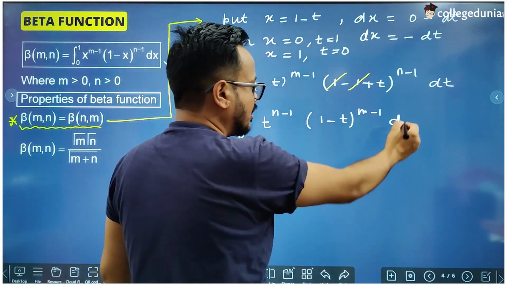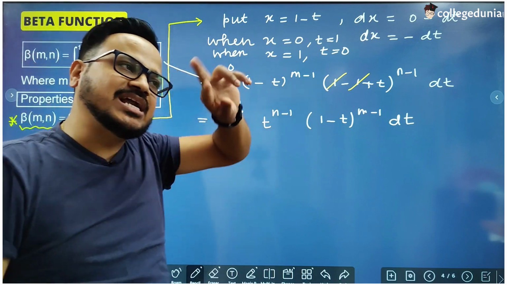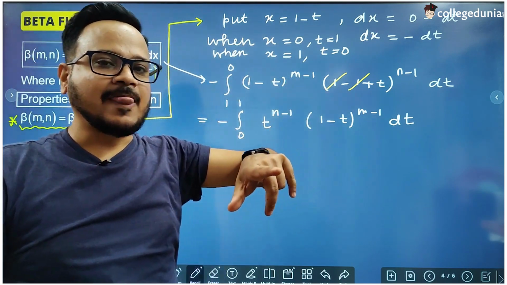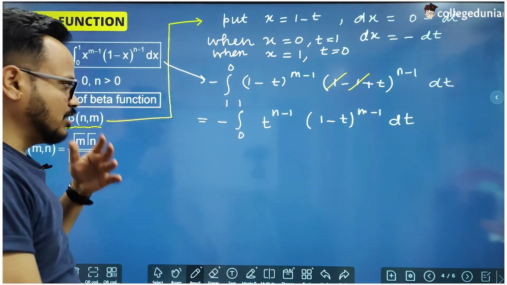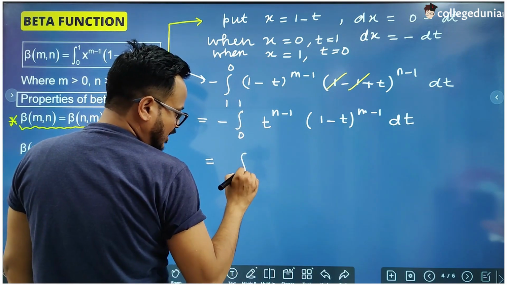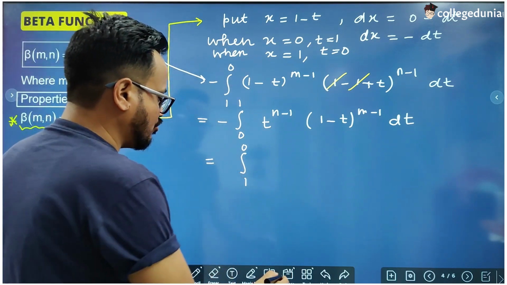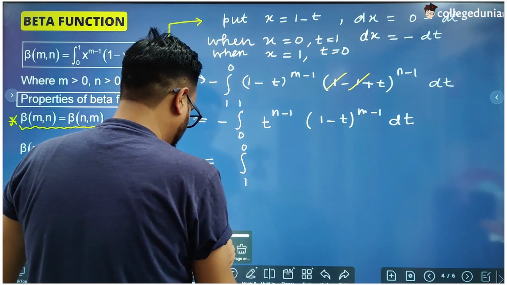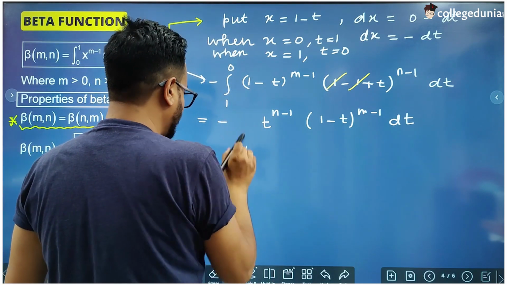Now there is a property in integration which says that if we interchange the limits of the integral, then we have to multiply the integral by minus 1. So this was 1 to 0 initially, not 0 to 1.